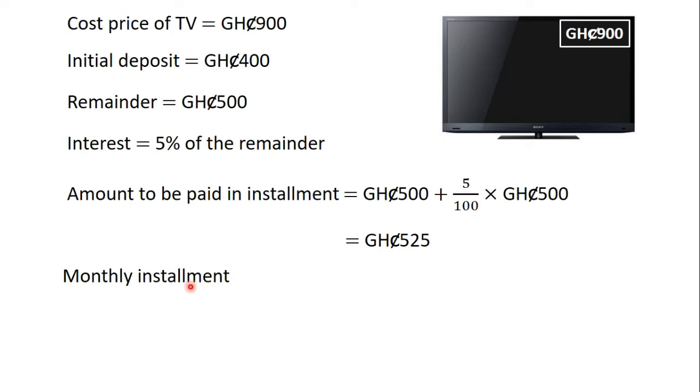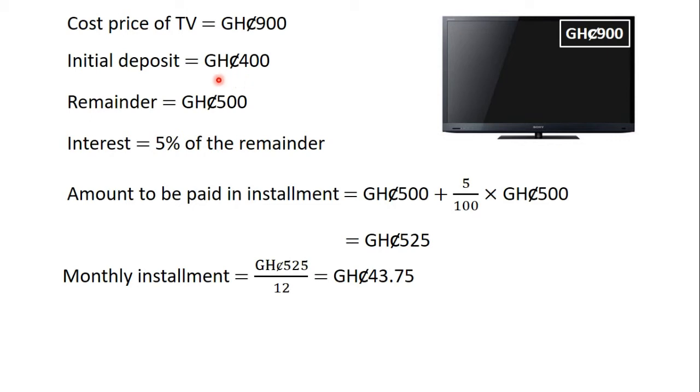So the monthly installment is equal to 525 Ghana cedis divided by the number of months, which is 12. And this will give us 43 Ghana cedis 75 pesewas. This means that at the end of each month, Kofi will pay 43 Ghana cedis 75 pesewas.